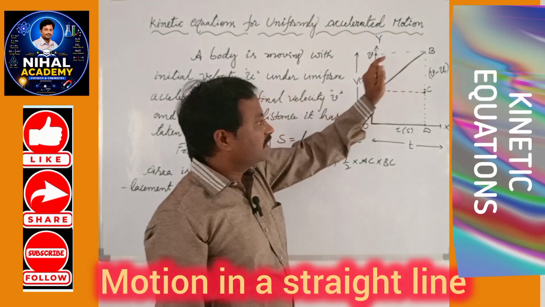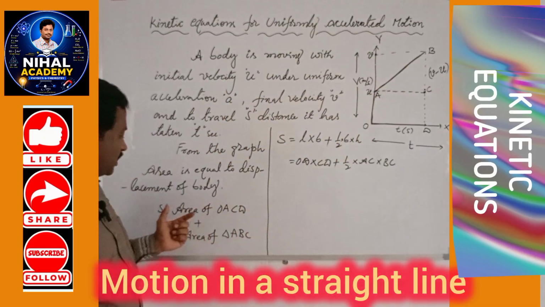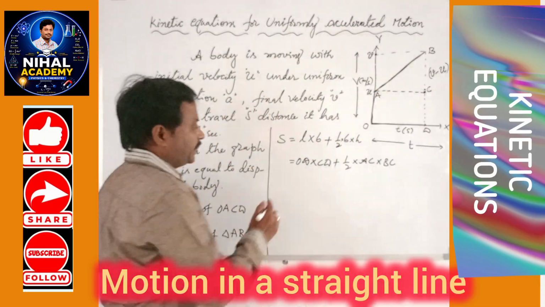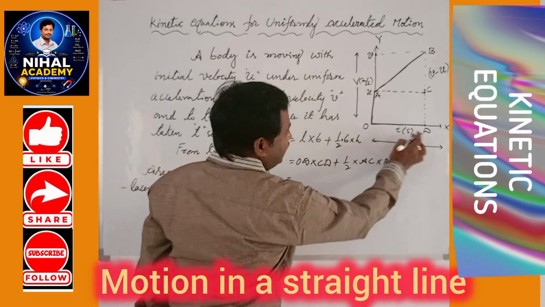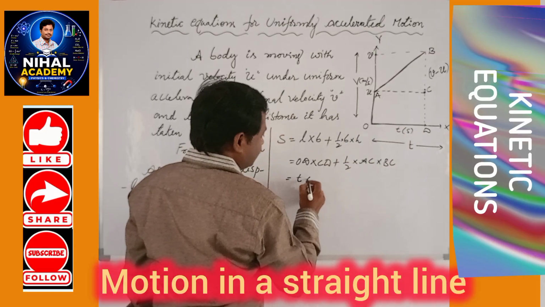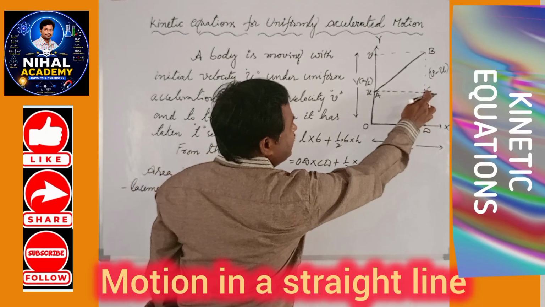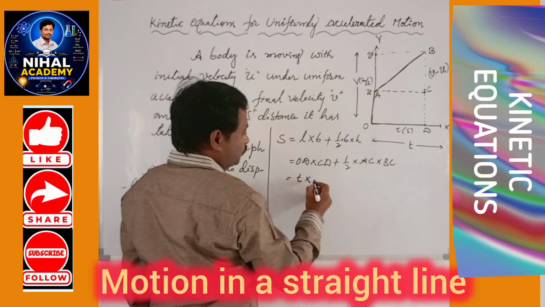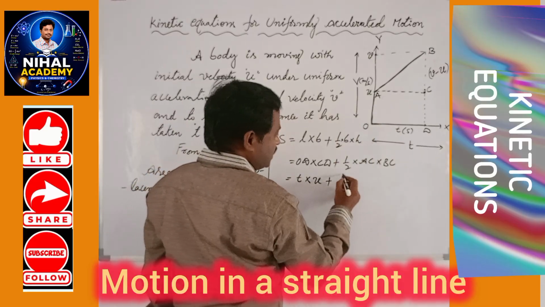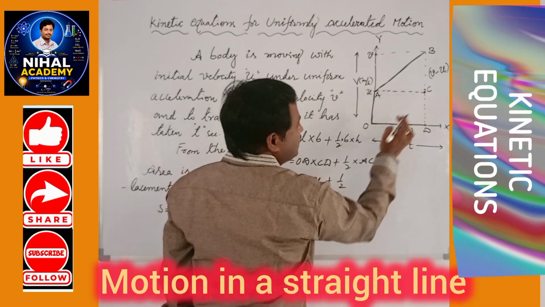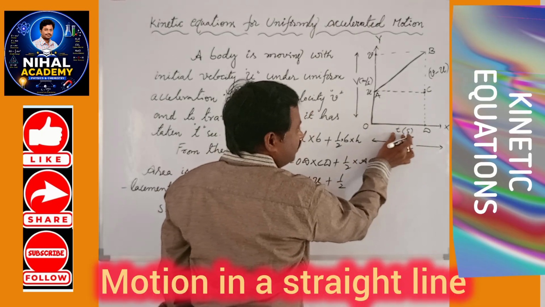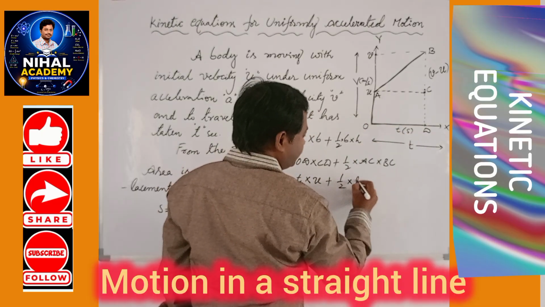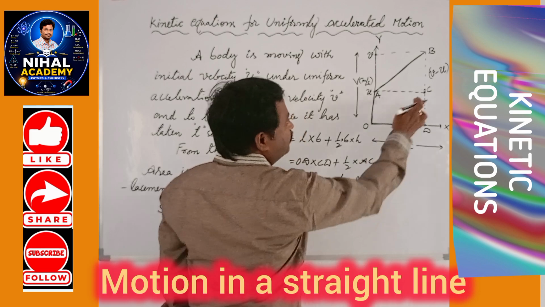That total area is equal to the displacement of the body. Now what is OD? OD is t, into CD, which is equal to u. Plus half of AC, which is equal to OD, which is t, into BC.